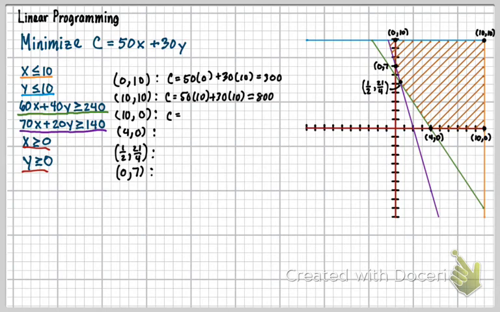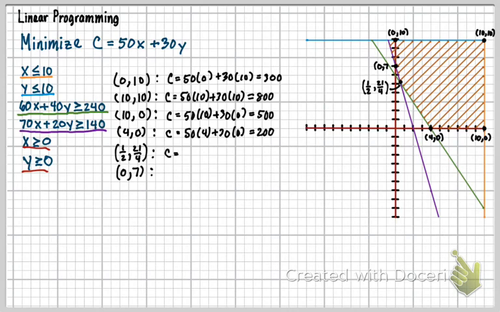So the third one's going to equal 50 times 10 plus 30 times 0, and that's going to be 500. So then C equals 50 times 4 plus 30 times 0, and that equals 200.